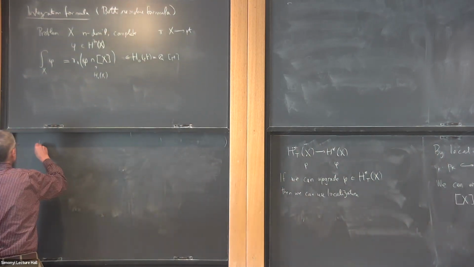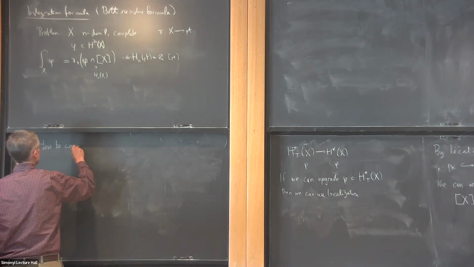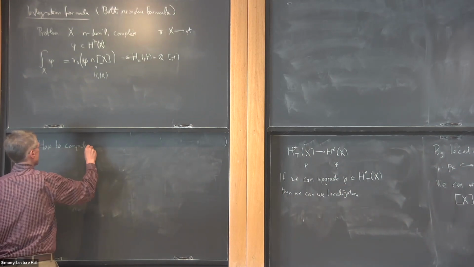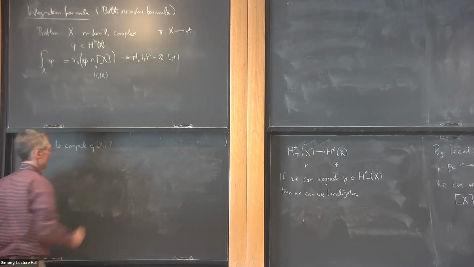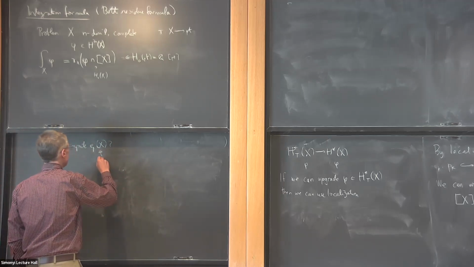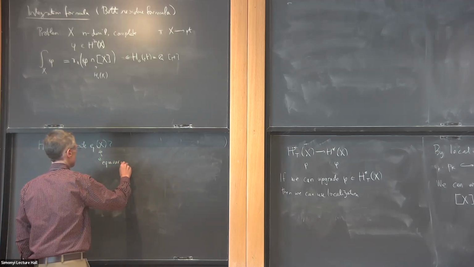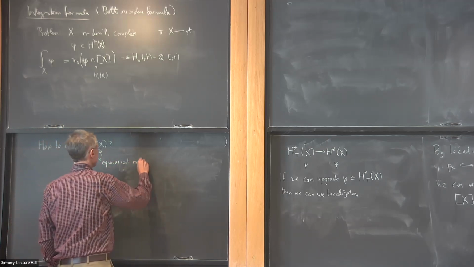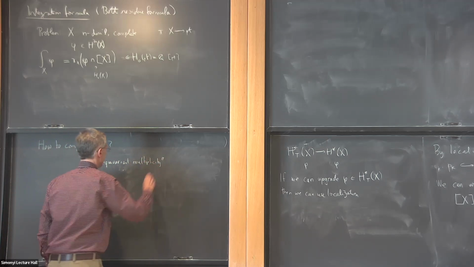So how to compute e_p of x. The term that I'll use, these are equivariant multiplicities.